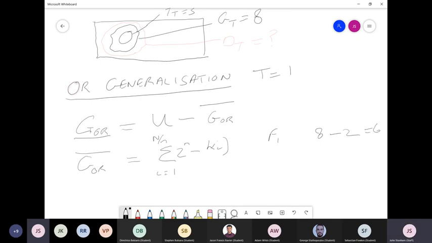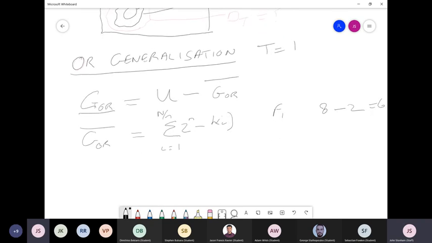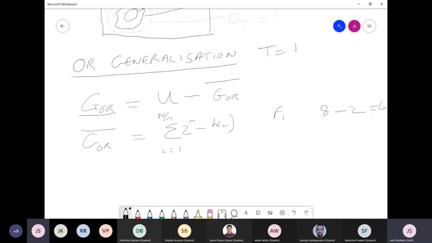The same is true for f2, because we had 2 terms in f2 in the previous example, and we have 2 terms for f3. So that also equals 6 for those. So this term here, 2 to the n minus ki, for ki equals 2, it's going to be 8 minus 2, 6.